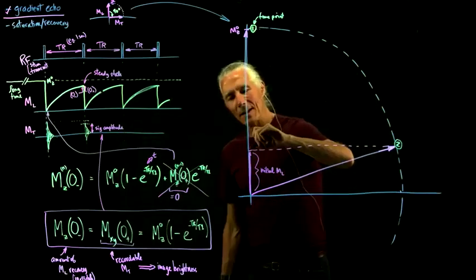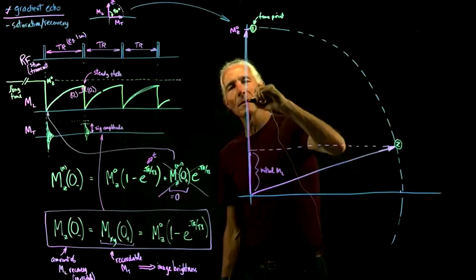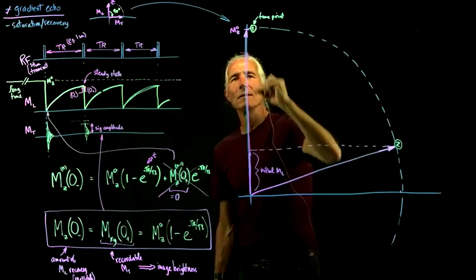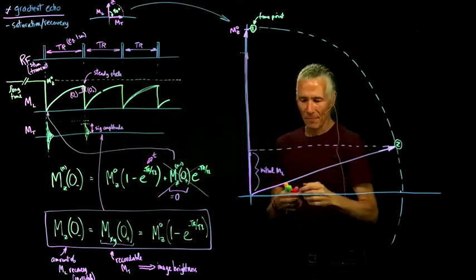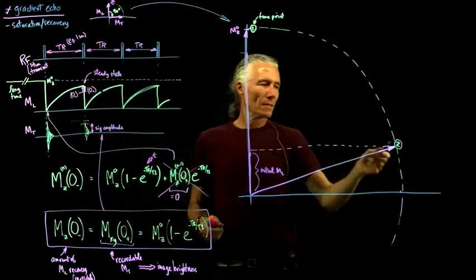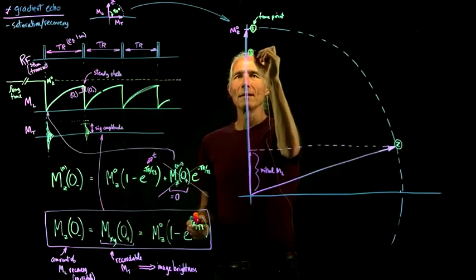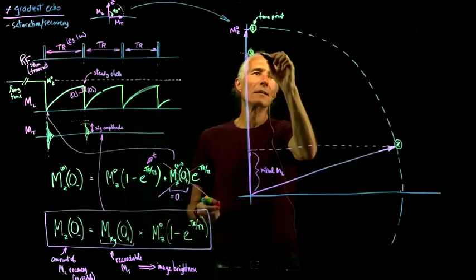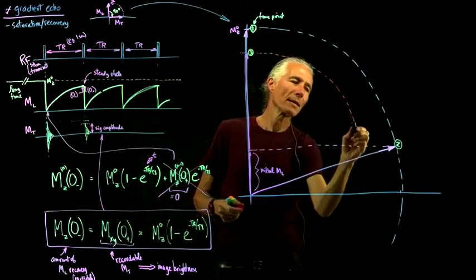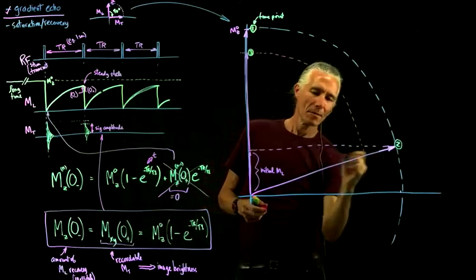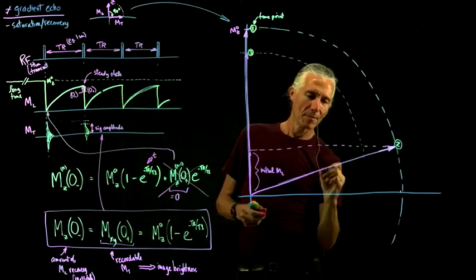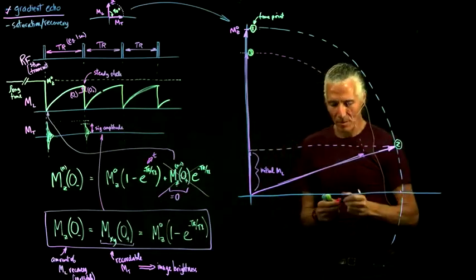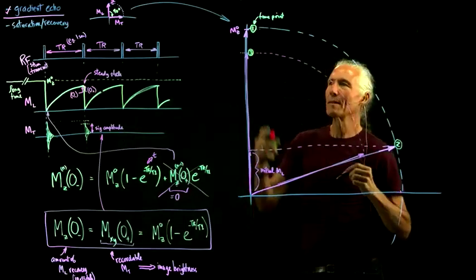And what's going to happen is that's going to grow back up to some point, say about here. And so that will be time point 3. And then we're going to flip that one again. And so it's going to end up over here. So that will be time point 4.